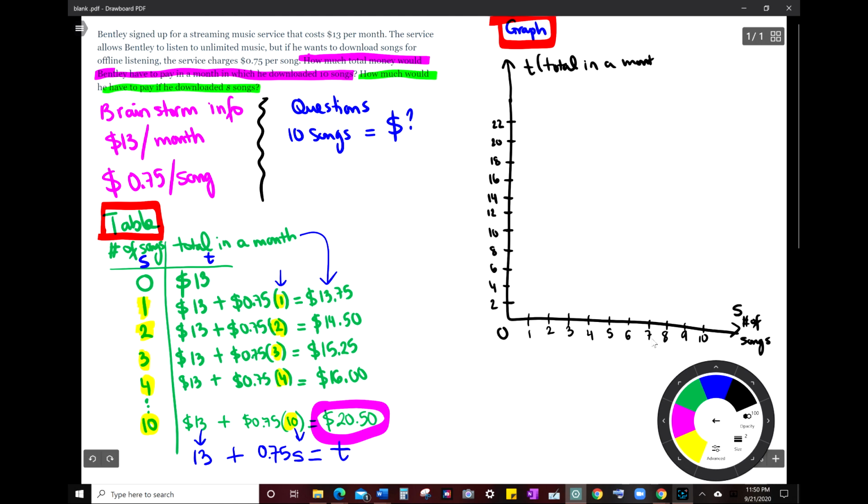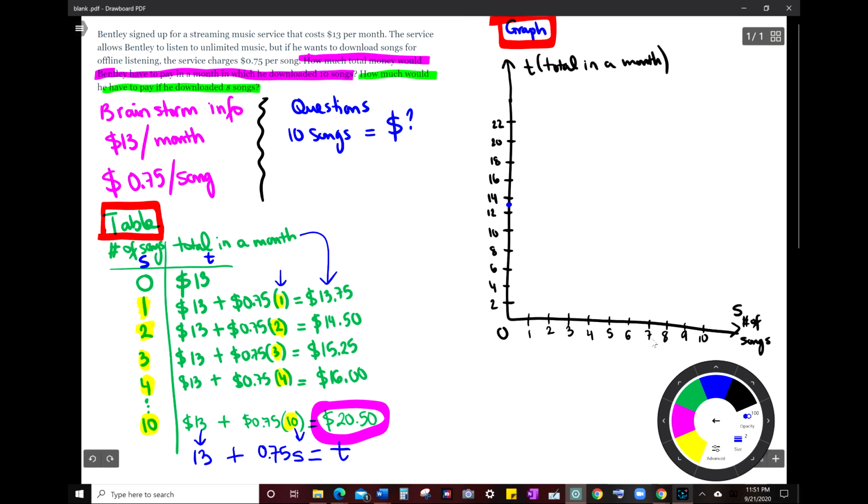So when he didn't download any songs, he still needs to pay $13, right here between 12 and 14. And when he downloads one song, he needs to pay 75 cents on top of $13, so this will be $13.75.